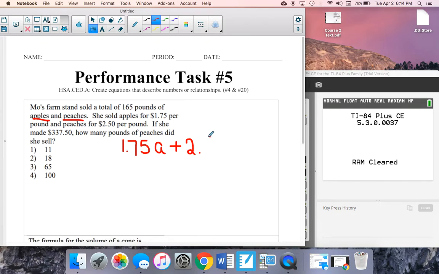And when I add these together, I want it to equal $337.50, since that's how much she made. Okay, actually I forgot the P, so let's put that in.